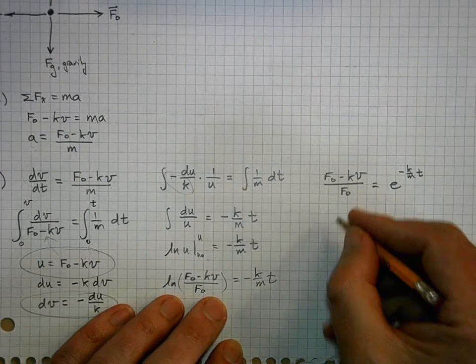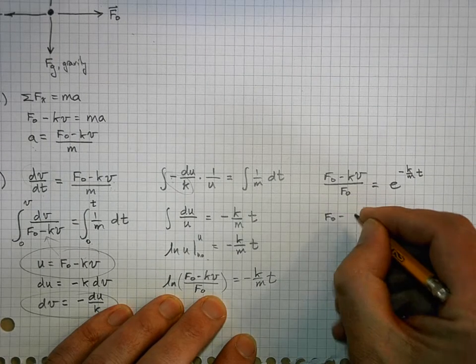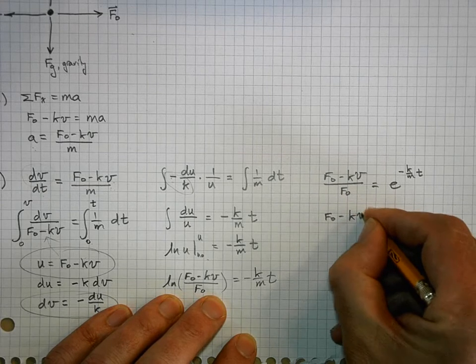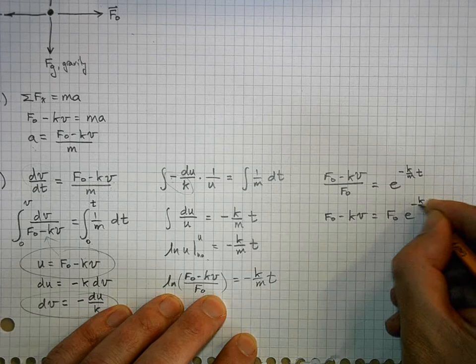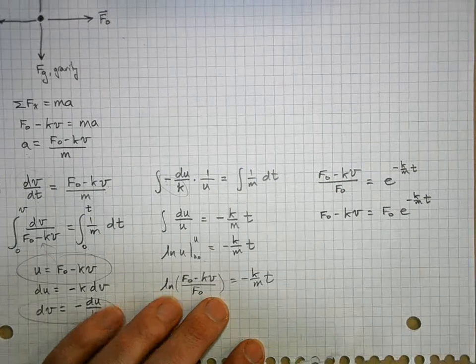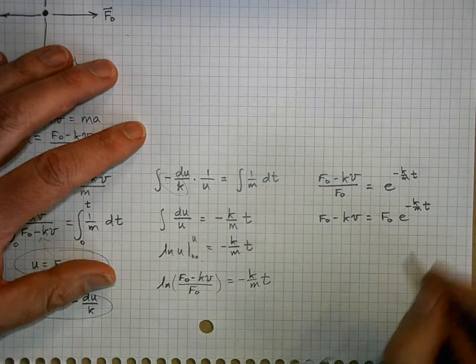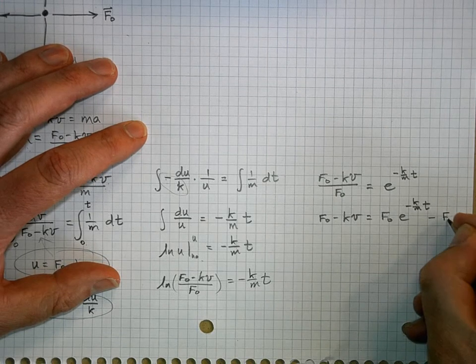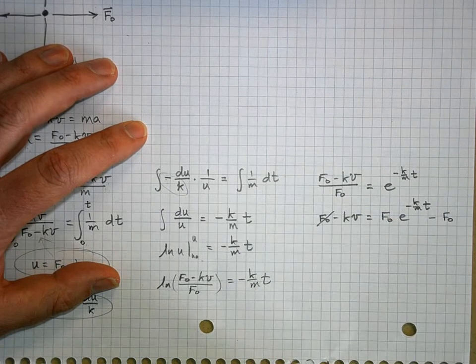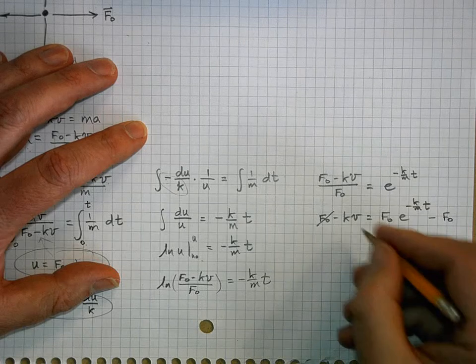So multiply both sides by f naught, we get f naught minus kv equals f naught e to the negative k over m times t. Okay, we're going to subtract f naught from both sides. Okay, and then I'm going to divide by negative k.